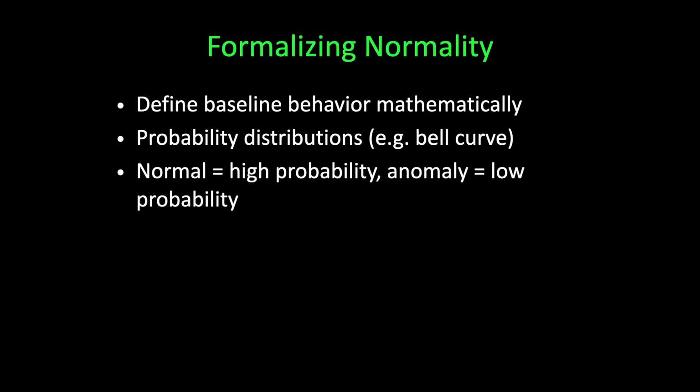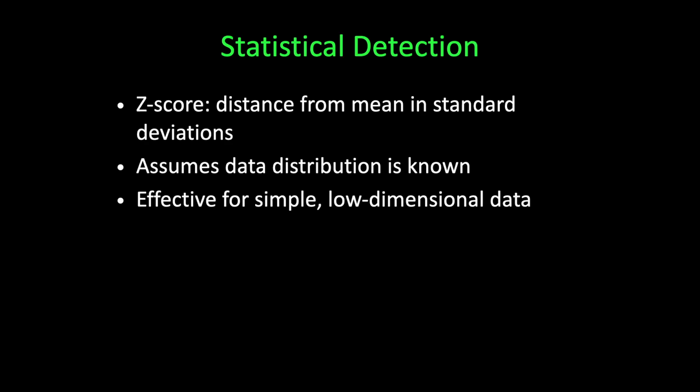Normal equals high probability under our model, and an anomaly equals low probability. Keep this mental model in mind as we move forward. Whether we're using distances, densities, or reconstructions, at some level we're always comparing how likely or unlikely something is relative to what we expect.